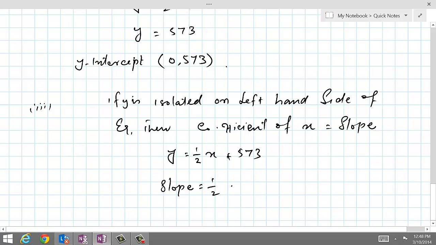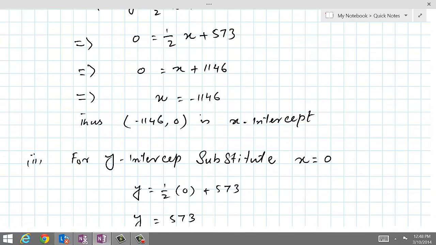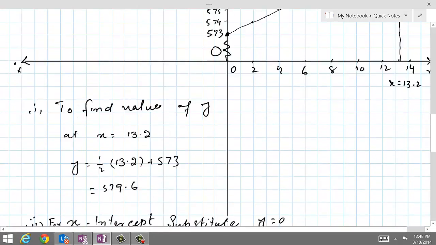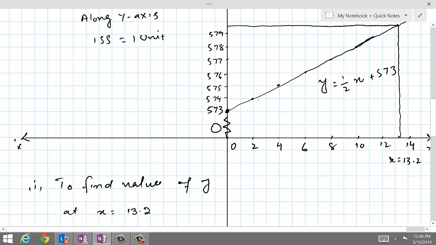And we can also utilize the method for rise over run. So take any 2 points, doesn't have to be any particular point, any 2 points of the line, and then we calculate the rise and run. Here we can see that for this point A, the value of x is 2.